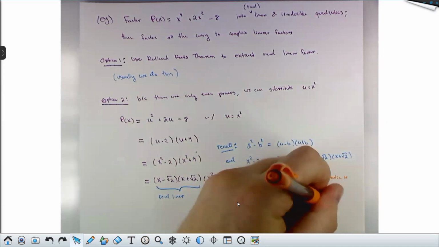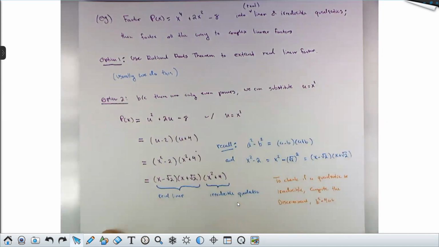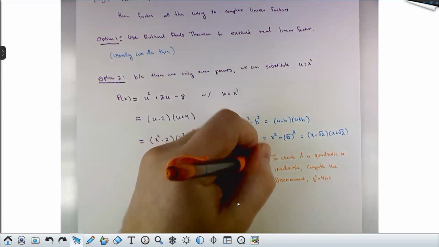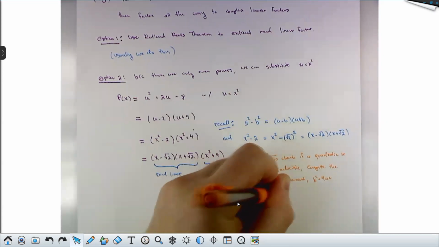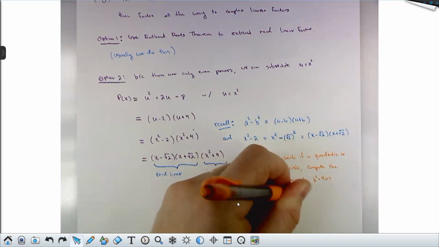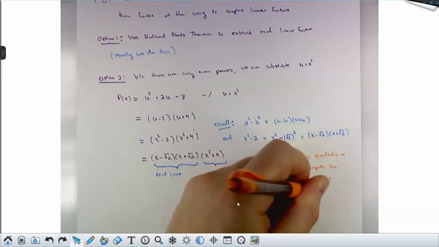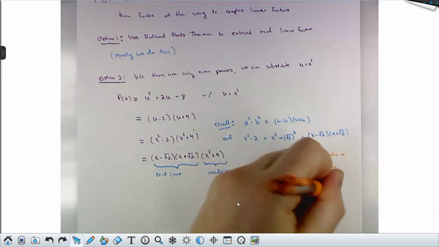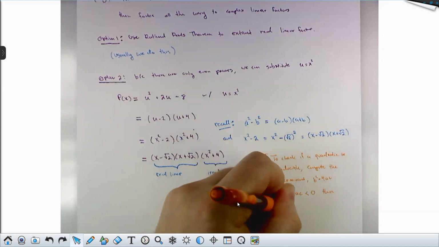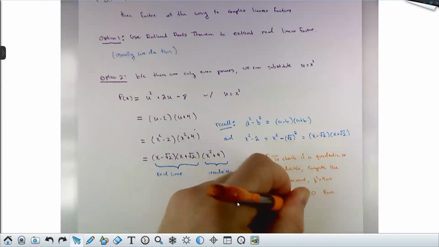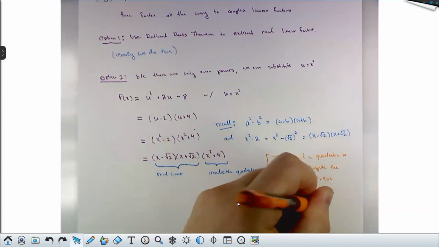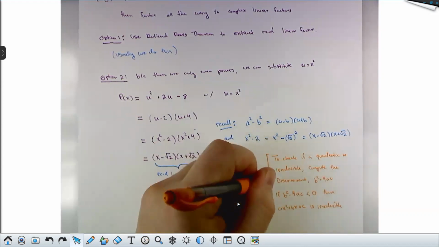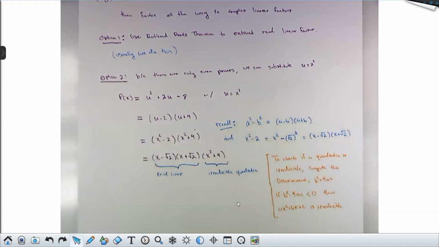Remember, if b squared minus 4ac is negative, then your quadratic has complex, non-real roots, which is equivalent to saying irreducible over the real numbers.